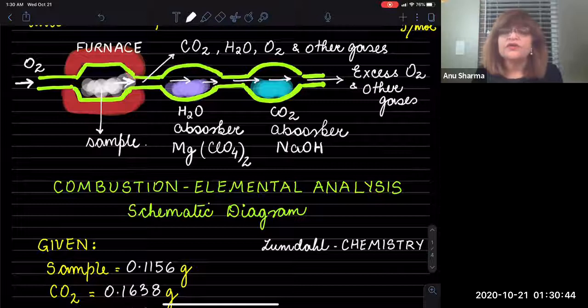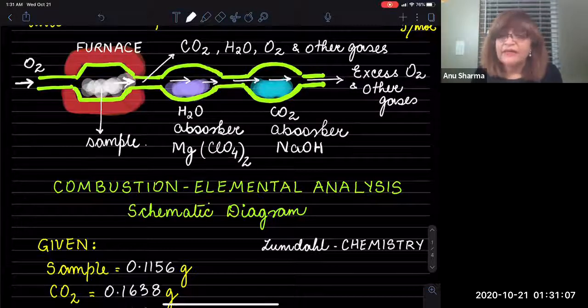So the sample begins to decompose, and the liberated carbon combines with oxygen and gives carbon dioxide. Water is formed when hydrogen combines with a large excess of oxygen. So water and carbon dioxide get absorbed in the absorber chambers, which contain magnesium chlorate and sodium hydroxide.